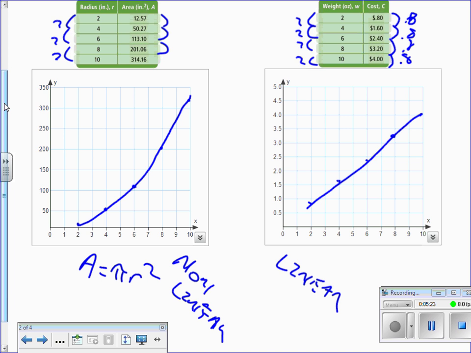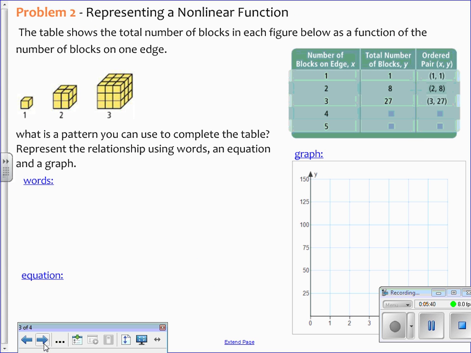It's a linear equation. Okay. Questions about that? Plot the points, you get a curve, it's nonlinear. You plot the points, you get a straight line, it's linear. Okay, we did the same thing here. We did the same thing the other day, only with straight lines.